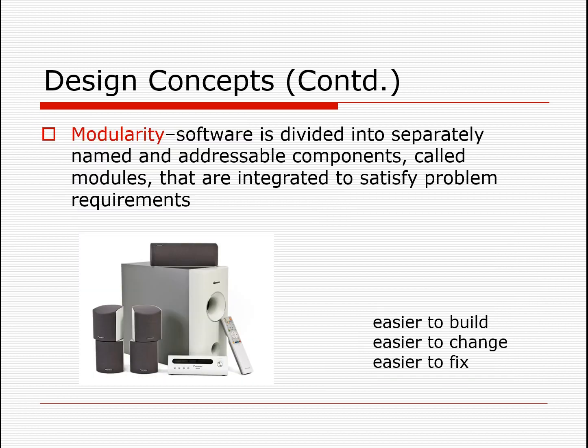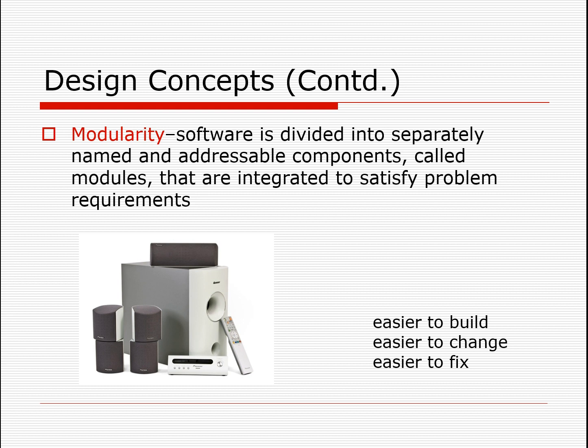So next is the design concept of modularity. That is also most important. The software can be divided into separately named and addressable components called modules, so modules are easier to build and easier to change. Whenever we discuss modularity, we are considering decomposability. We can decompose a problem into small parts. A big problem we divide into small parts.